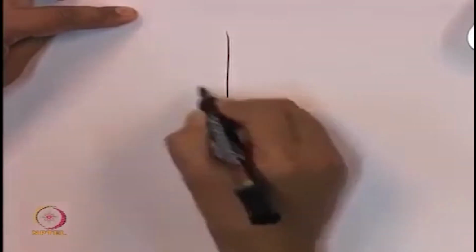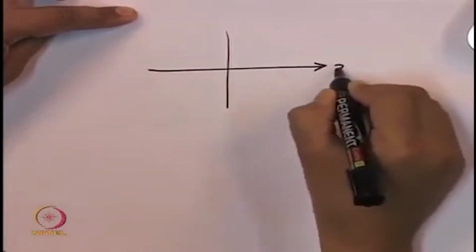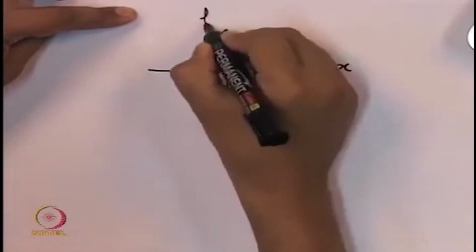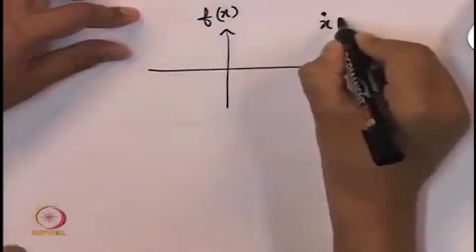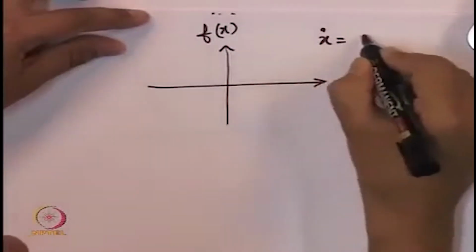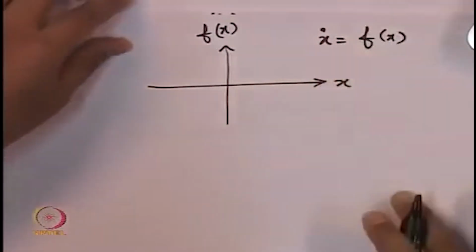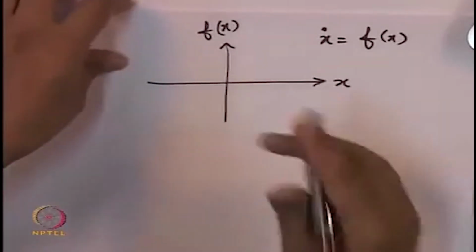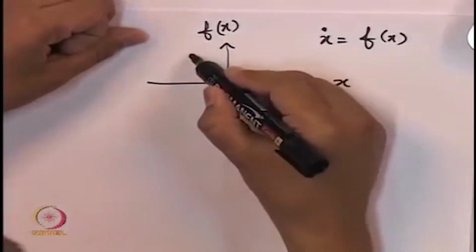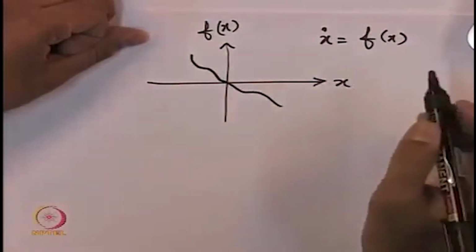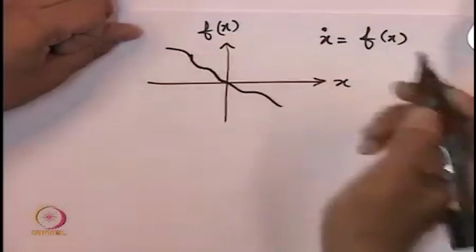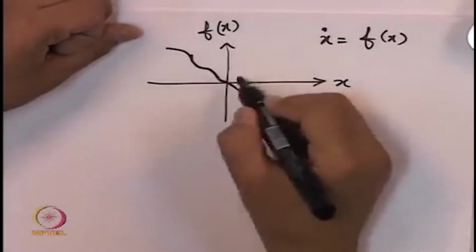So, consider, suppose this was our dynamics, x dot is equal to f of x, in which the graph of f was like this. So, here is some function.